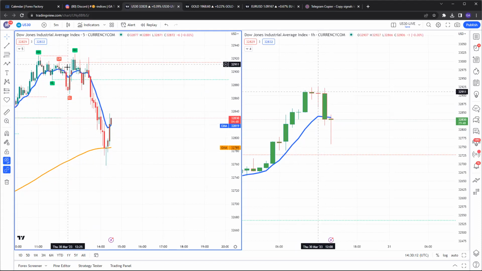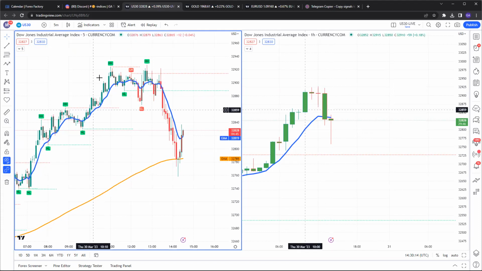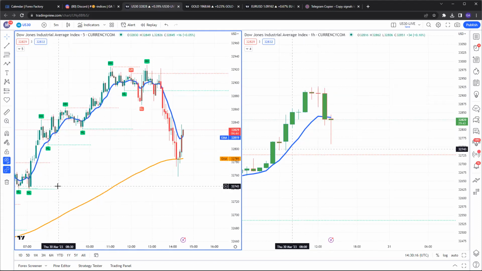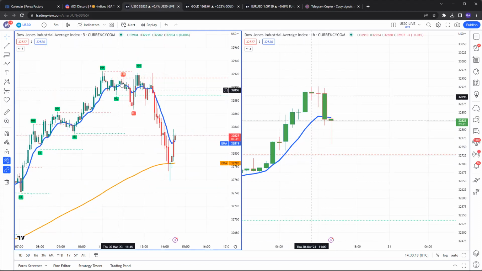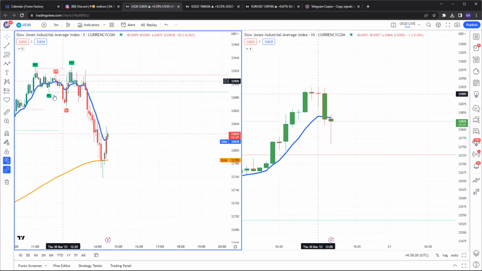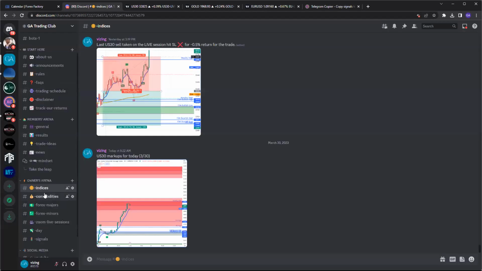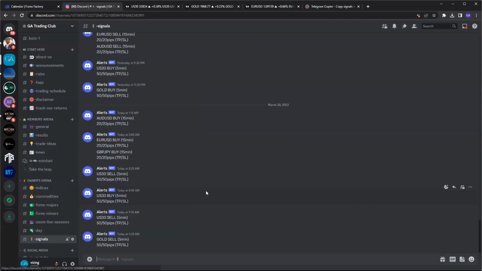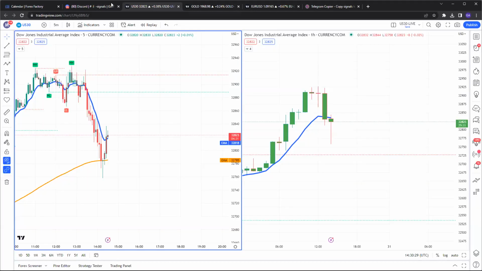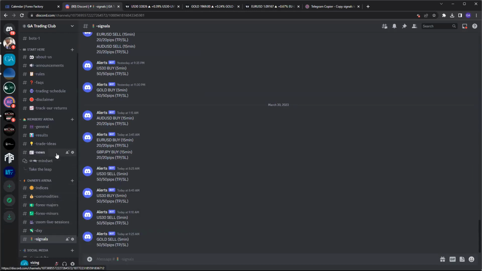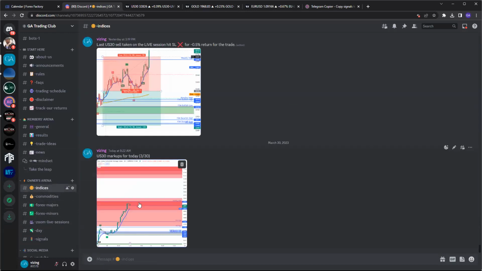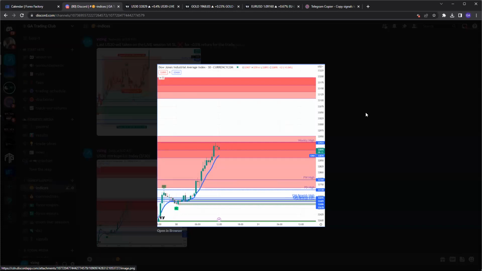But keeping in mind, in this zone right here, you guys had a lot of confluences. US 30 had been in a major uptrend for hours. We got a signal in the Discord for a sell on US 30, down here at around 9:10 a.m. I had sent up my markups showing that we were in a supply zone within a supply zone here.